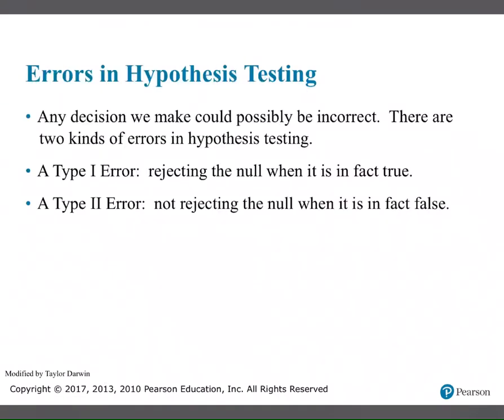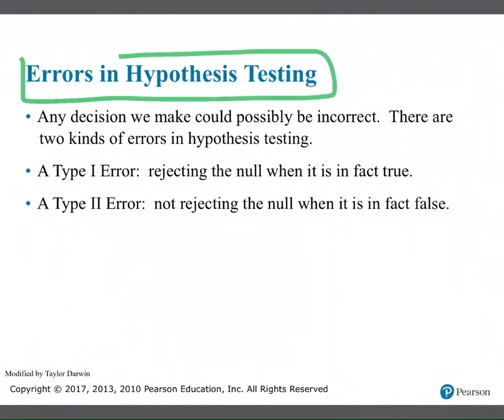There are errors that occur when statisticians conduct hypothesis testing, so any decision that we make could be incorrect. There are two types of errors when you do hypothesis testing: a type 1 and a type 2 error. A type 1 error is rejecting the null when it's in fact true.